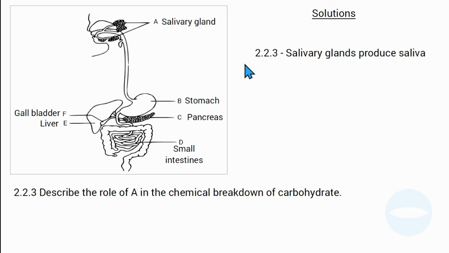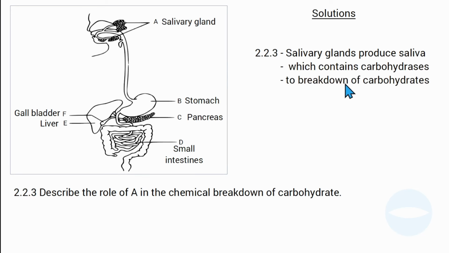If you answer this question, you can say the salivary gland produces saliva, and the saliva contains the enzyme that is responsible for breaking down the carbohydrates. You must know that the carbohydrate is a starch.